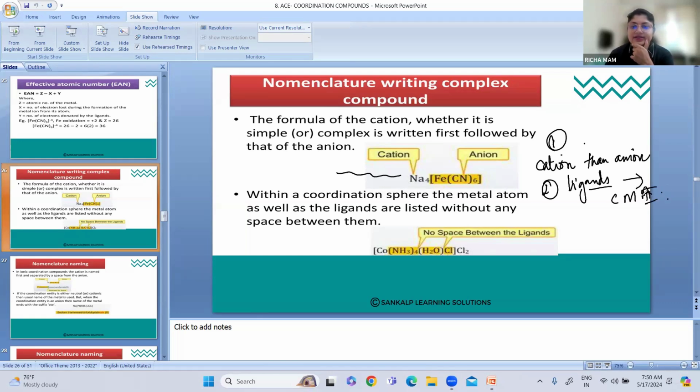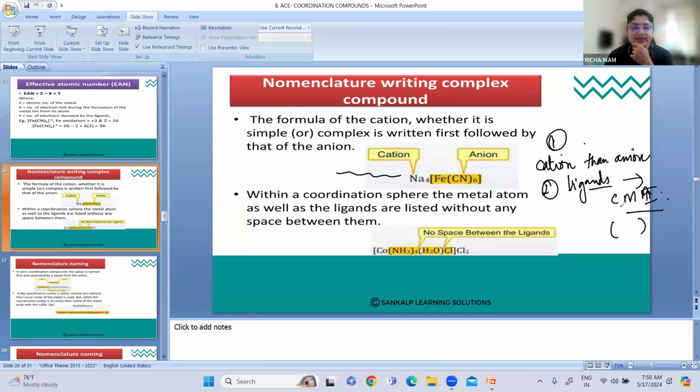The central metal ion's charge, its oxidation number, is written in Roman numerals in brackets just beside the central metal ion.